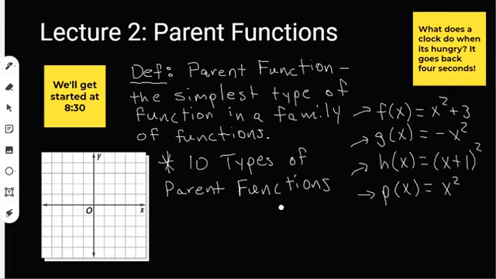I'll leave that up there for a little bit, and then we'll move on to the next slide, and we'll talk about the very first parent function that you should know.